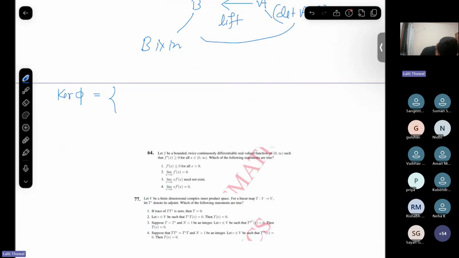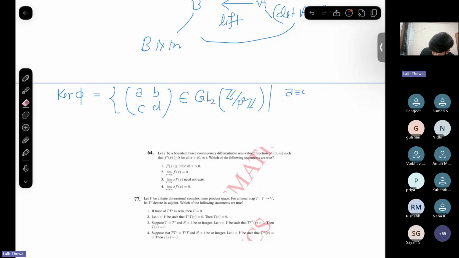The kernel of phi consists of those matrices A, B, C, D in GL2 of Z modulo P squared Z for which A is congruent to 1 mod P, B is congruent to 0 mod P, and so on, D is congruent to 1 and C is congruent to 0.